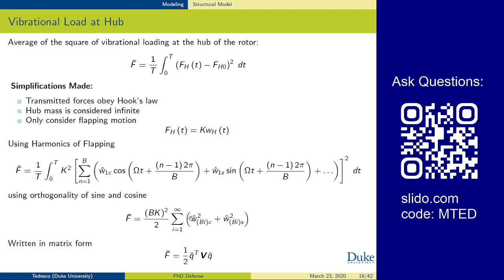So all of this can be written, as you can see, as a quadratic again. This can also be written in a quadratic form similar to our power, where we have this matrix V in the middle. And this matrix V is basically just going to isolate the correct W's and multiply by the appropriate constant, bk squared over 2. And all of this will give us another objective function we can use in our analysis.